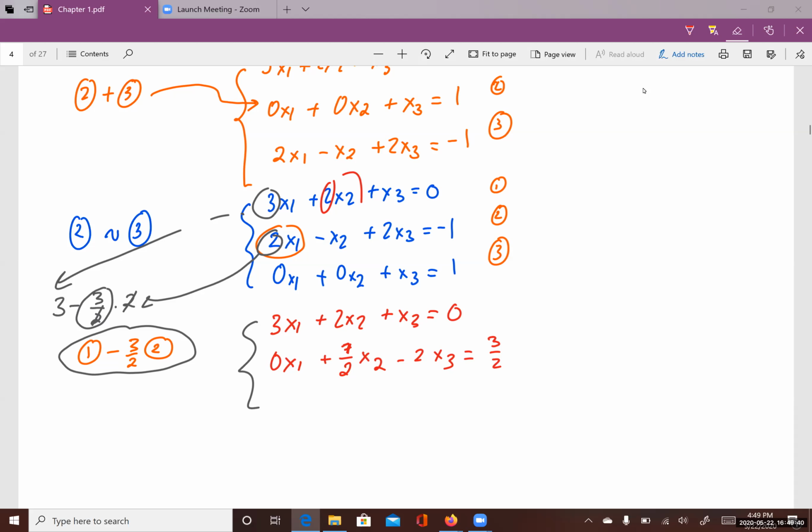So take the first equation minus 3/2 of the second equation, because again the goal is I want to force these coefficients to be 0. You have 3 here, and minus 3/2 times 2, you get 3 minus 3 is 0. Then you apply these operations onto each of the variables, x2, x3, and the constant. And at last, you will come up with a strict triangular form of this system.